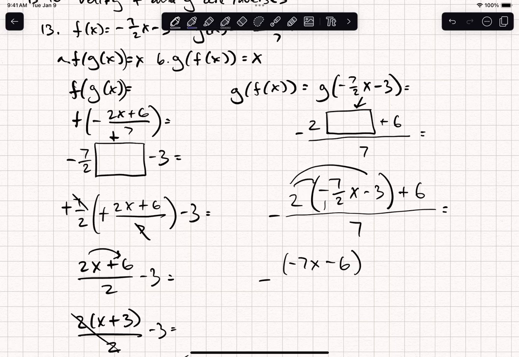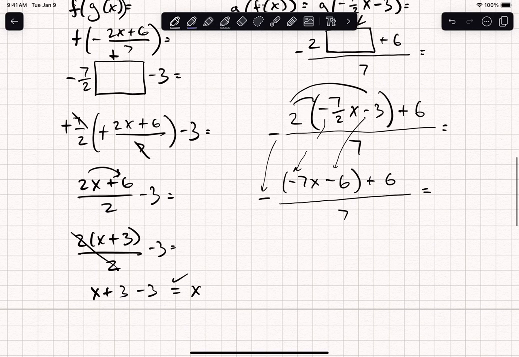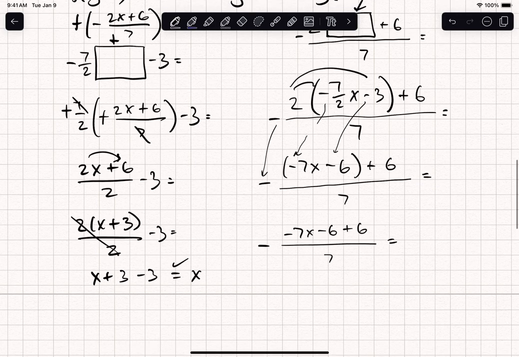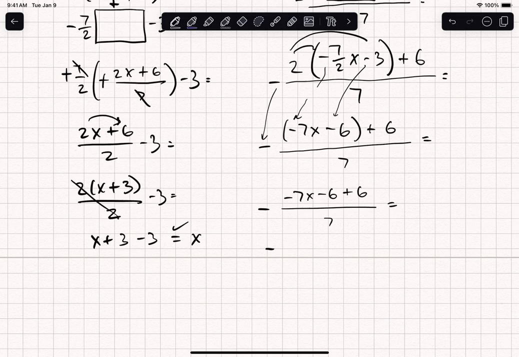I'm being very careful to maintain my minus signs here. All I have left is terms that add and subtract, so I can drop those parentheses. Plus 6 minus 6 cancels. And the 7s cancel, leaving me with negative x. Those minus signs cancel, leaving me x.